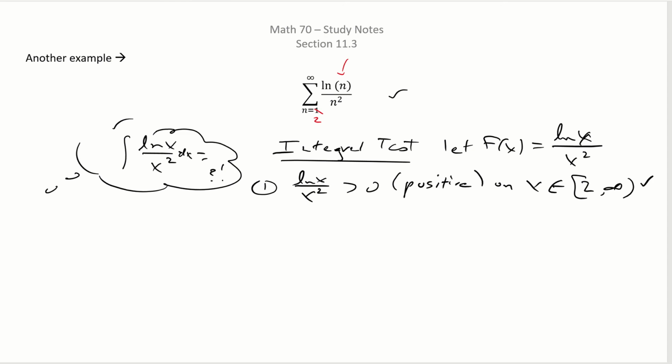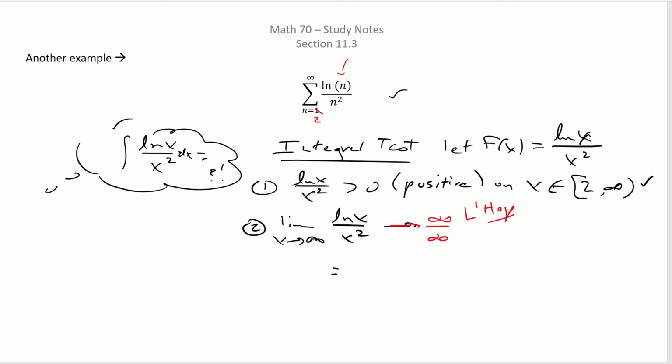Yes, it's positive. 2, we'll take the limit as x goes to infinity of the function. And watch what happens here. This thing goes to infinity over infinity, which means we are in L'Hopital world. Yep, I'm going to run it.